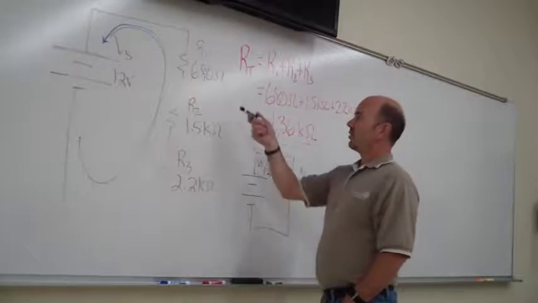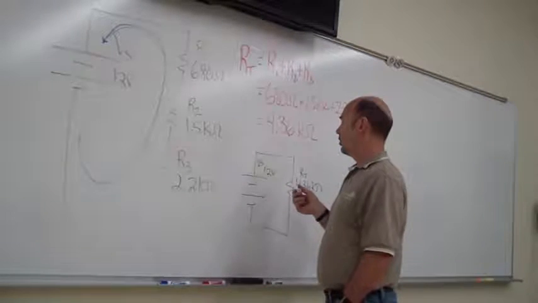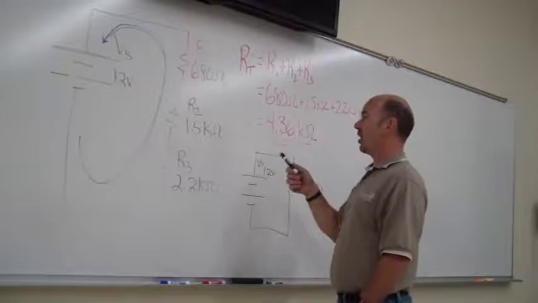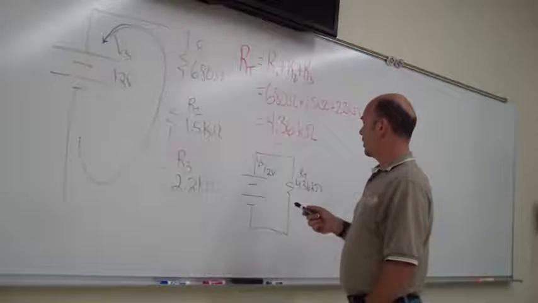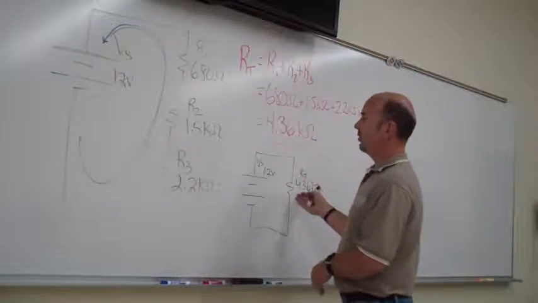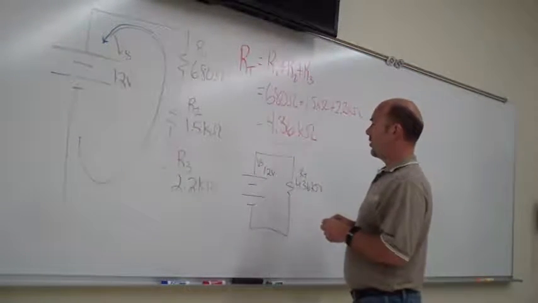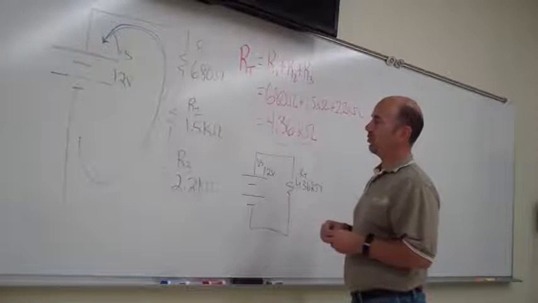However, the power dissipation overall may be slightly different, depending upon the sizing of the different components. But in this case, I would have 4.36 K ohms here, 4.36 K ohms here, and I want to find out how much current is flowing through this.